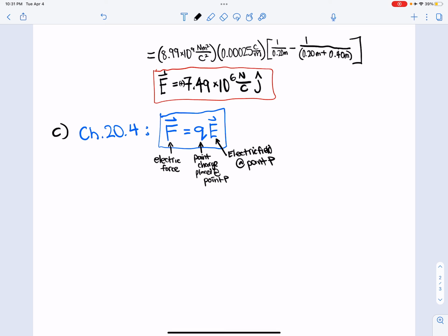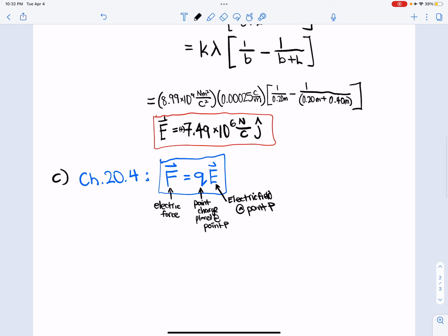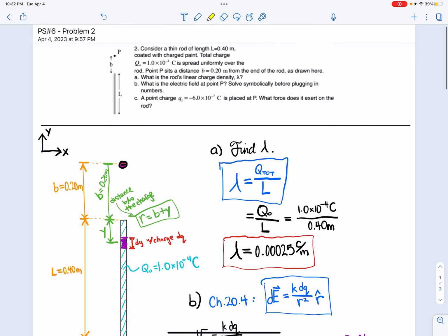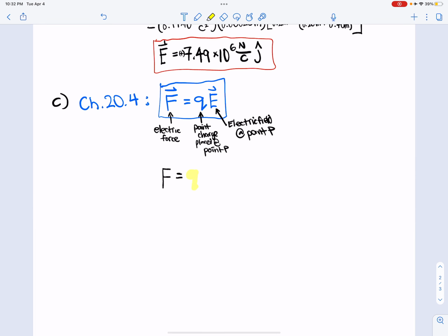So again, we'll just plug that in. So the force is going to be equal to the point charge placed at point P, right here, Q1, times E, okay? So Q1, they said, was -6 times 10 to the -7 coulombs.